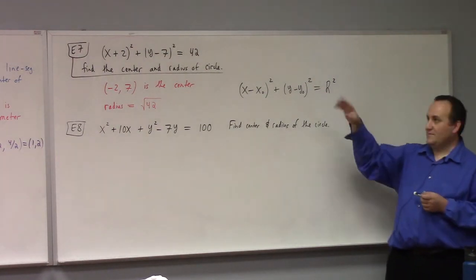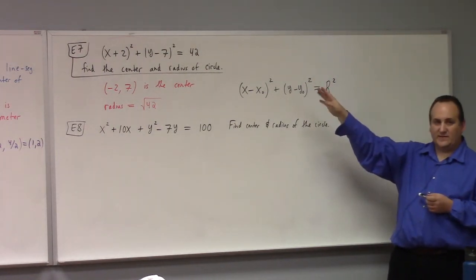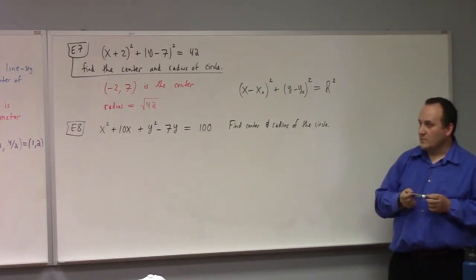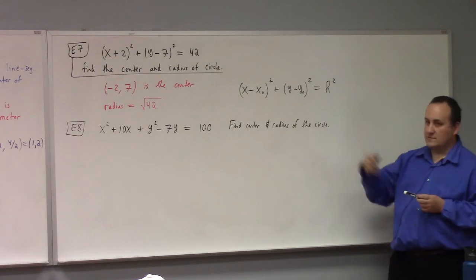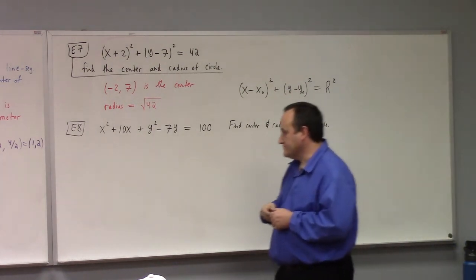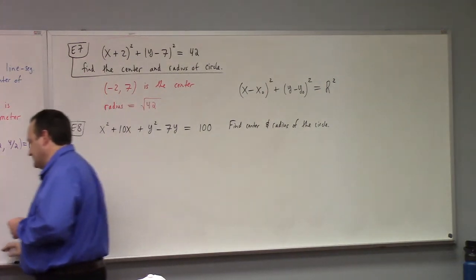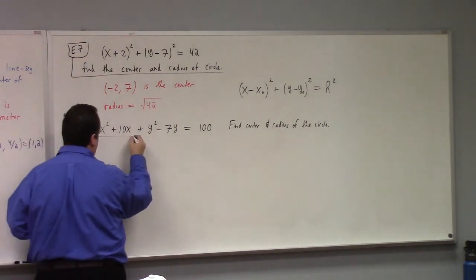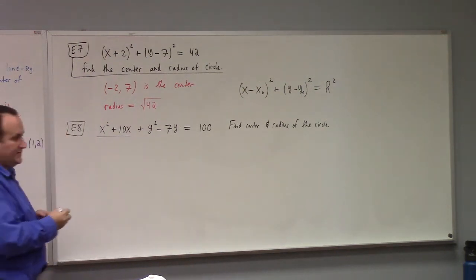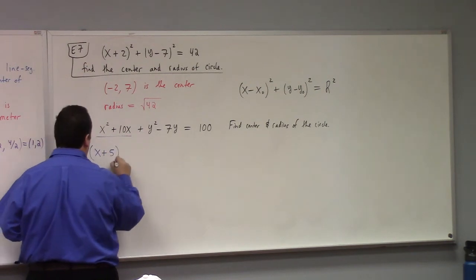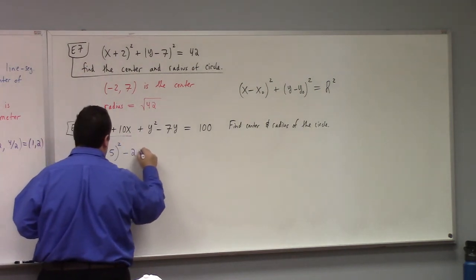There was no massage needed for the previous problem. It was already in the right format, so we just pattern matched and we're done. So how do I make it such? Make it so. I will do it. Here we go. So these first two, I will repackage as x plus 5 quantity squared minus 25.